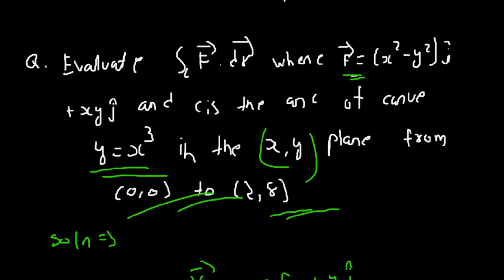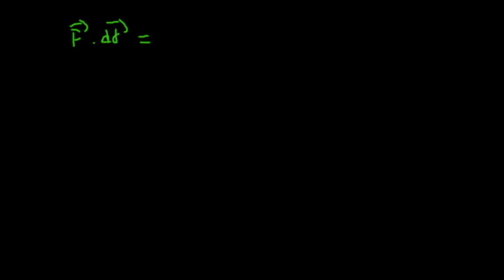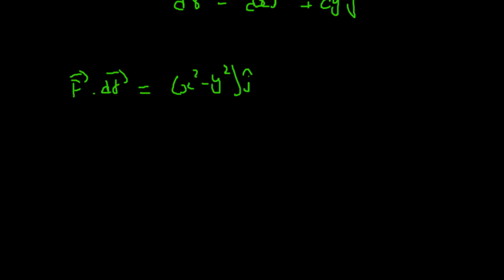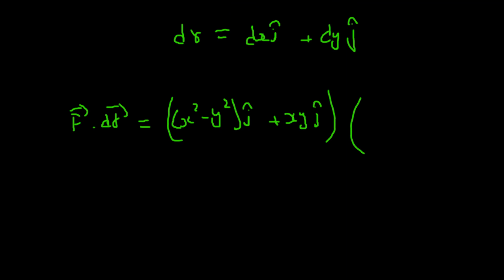F vector into dr vector will be equal to, let's put the value of F vector, which is (x square minus y square) i cap plus xy j cap. Now let's put the value of dr vector, which is dx i cap plus dy j cap.